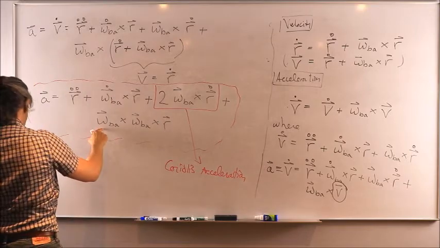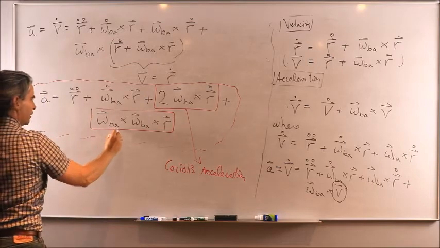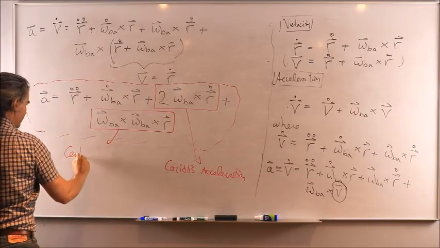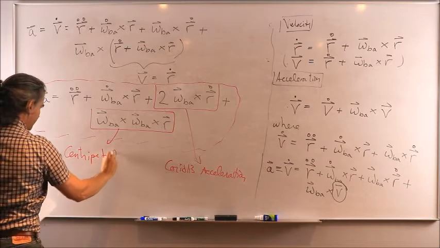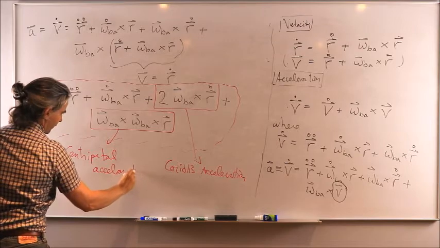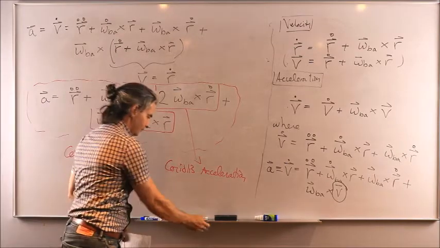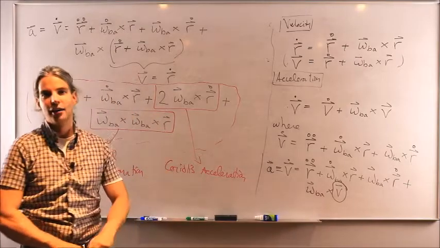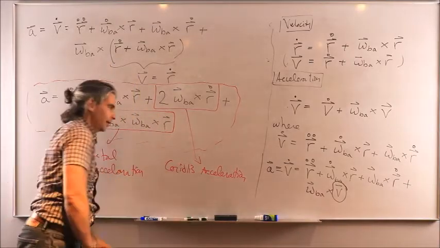And omega BA cross product omega BA cross r is your centripetal acceleration. Et voila.